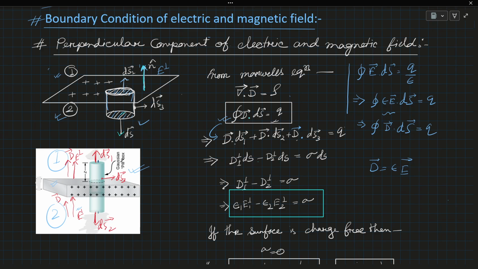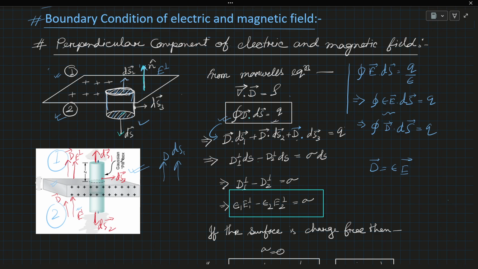Now D and dS1 are parallel, so the angle between them is 0, and cos 0 is 1. So I have written D as D perpendicular 1, because this is the perpendicular component and it is in medium 1.